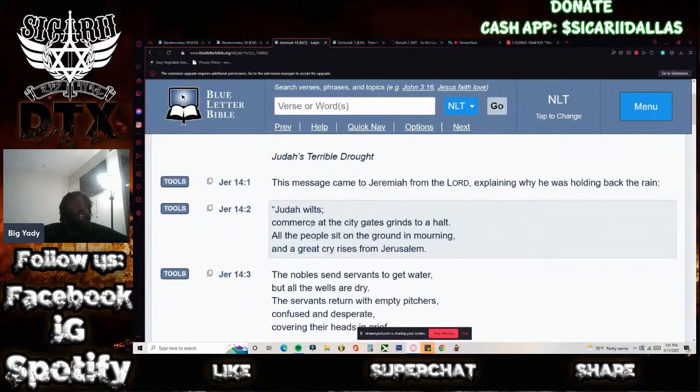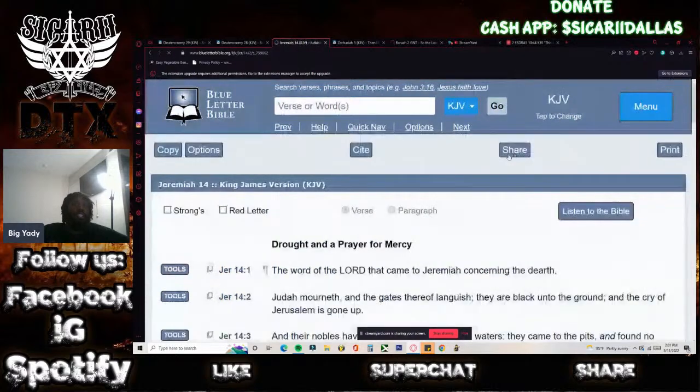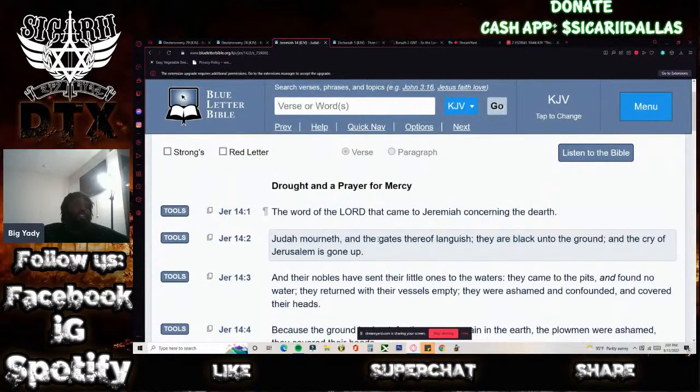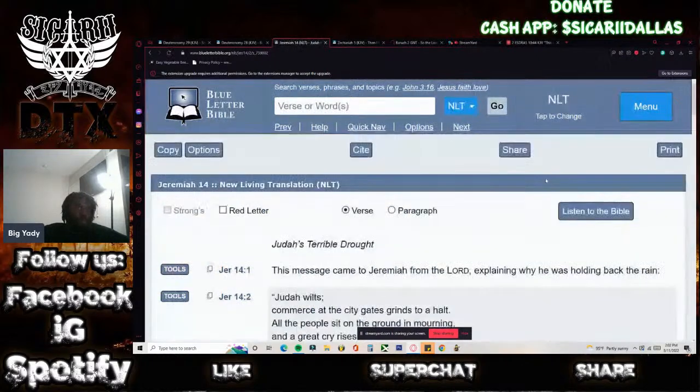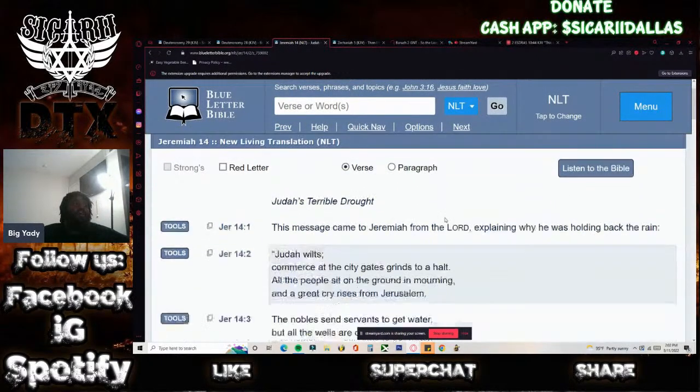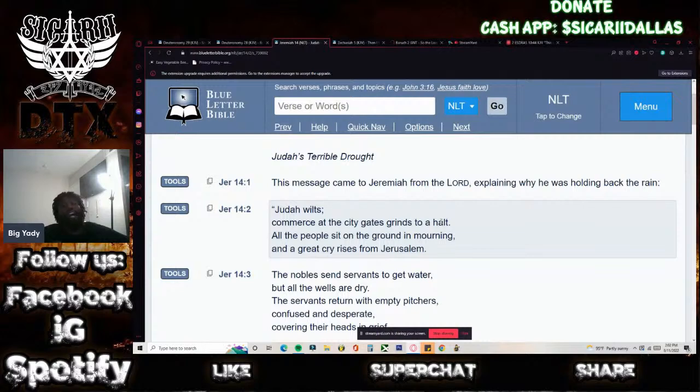Judah wilts, commerce in the city grinds to a halt. Why? This is when it's talking about how the gates are thrown down when it says Judah mourneth, and the gates thereof languish. They're black unto the ground. Why? Because they're destroyed. Because we're an agricultural people, our commerce is going to come to a halt because we can't sell fruits and vegetables.